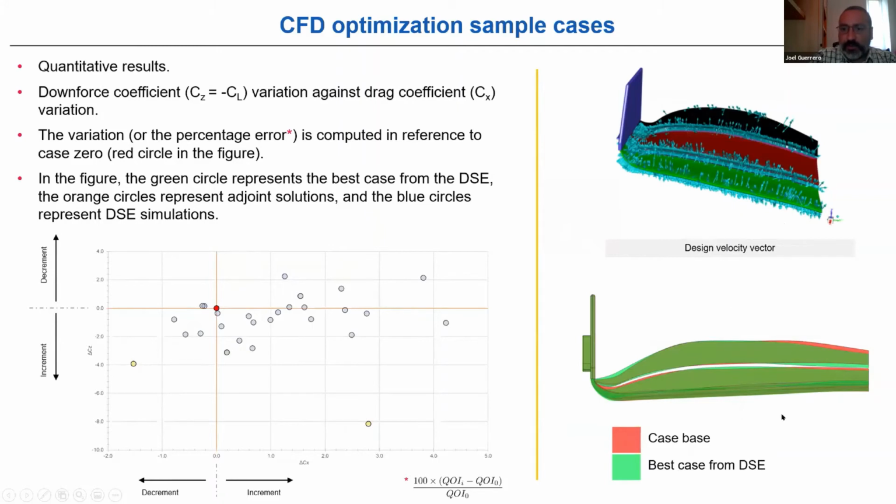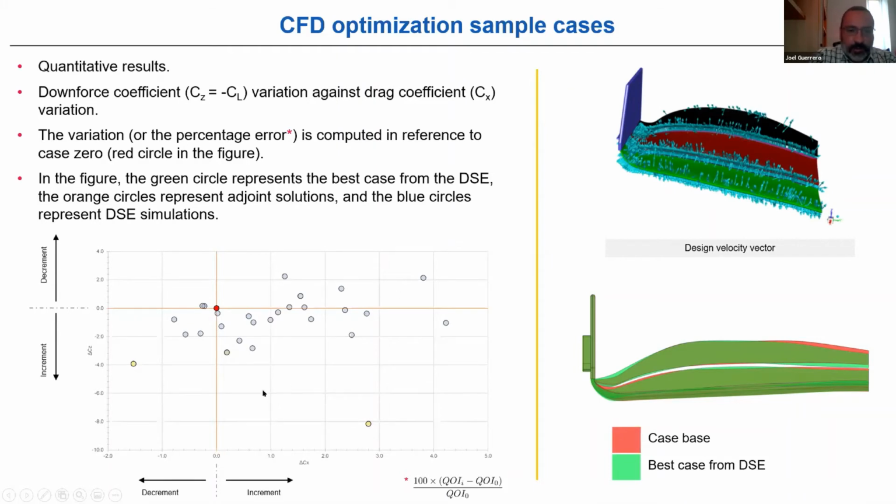case. Here you have the comparison, the base case, and then the best case using design space exploration. I'm not showing here the case after we pass an adjoint, but here we have the quantitative data, and see that this is the base case. By the way, this is the percentage error that we're plotting here, everything referenced to this case, and you see you have different outcomes here.